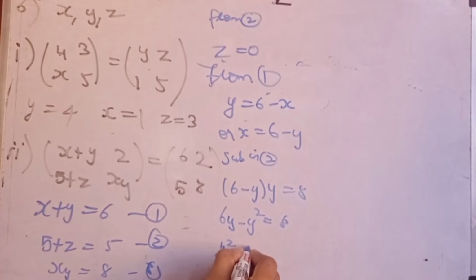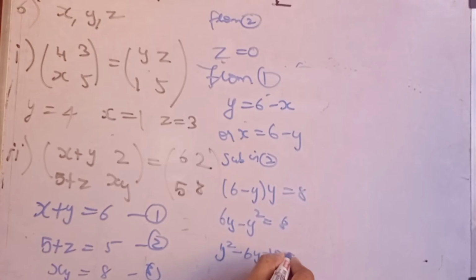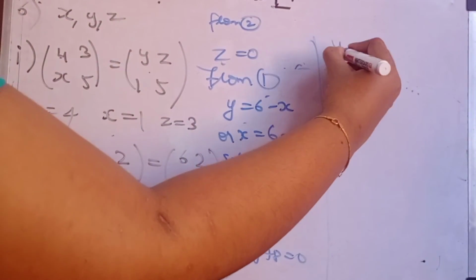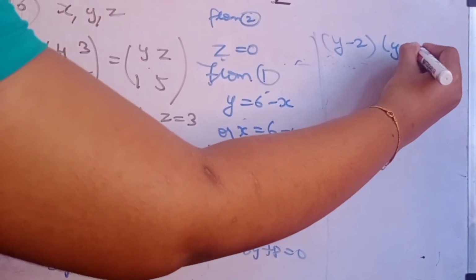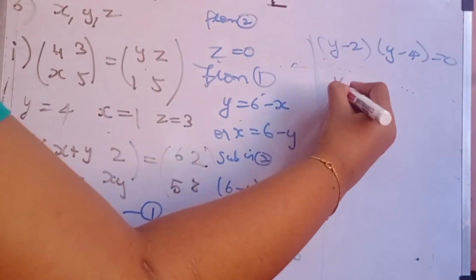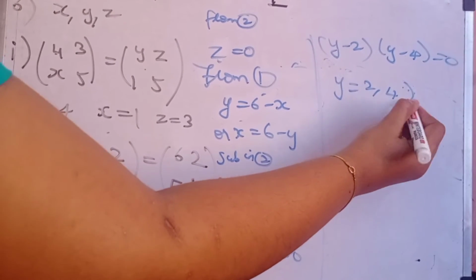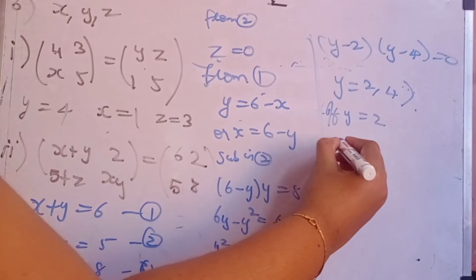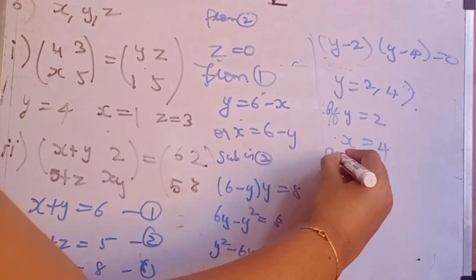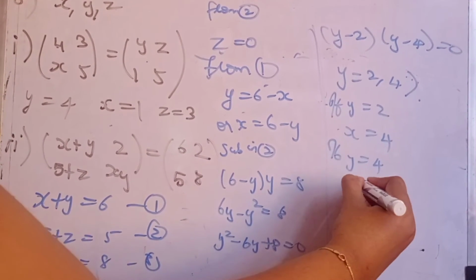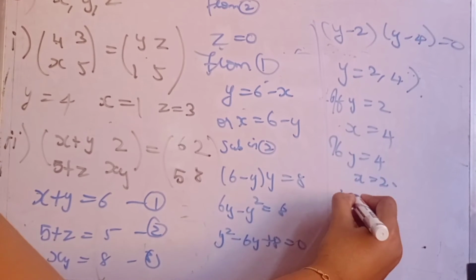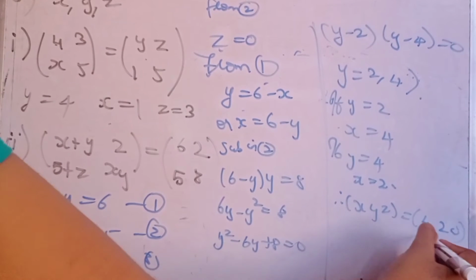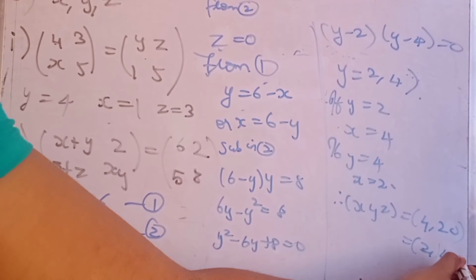So y square minus 6y plus 8 is equal to 0. And you will end up with y minus 2 and y minus 4 is equal to 0. How you will factorize, right? So 2 comma 4. So if y is 2, x will be 4. If y is 4, x will be 2. So therefore x, y and z will be 4, 2, 0 or 2, 4, 0.